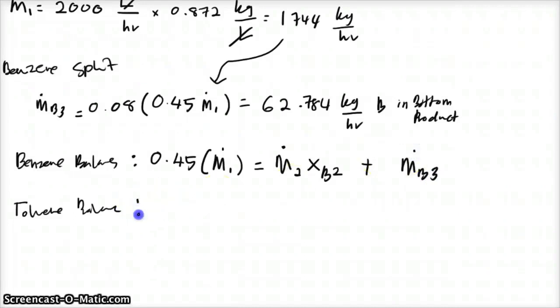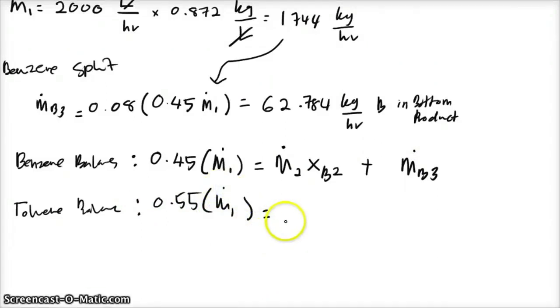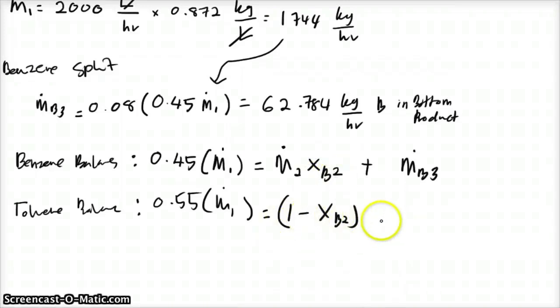While for toluene balance is 55% of M1, which is equal to, since this is XB2 and there's only two compounds, 1 minus XB2, what's left from XB2 is toluene, times M2, which is the toluene in the top product, and the overall toluene in the bottom product. So MT3.